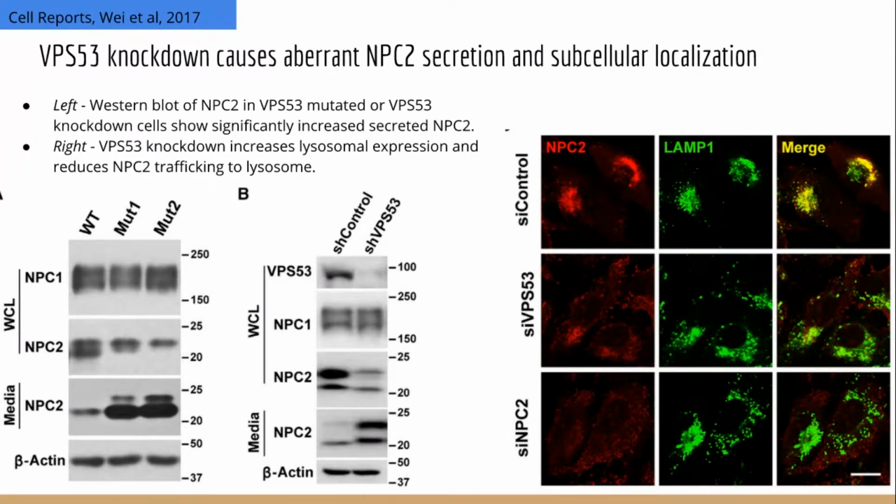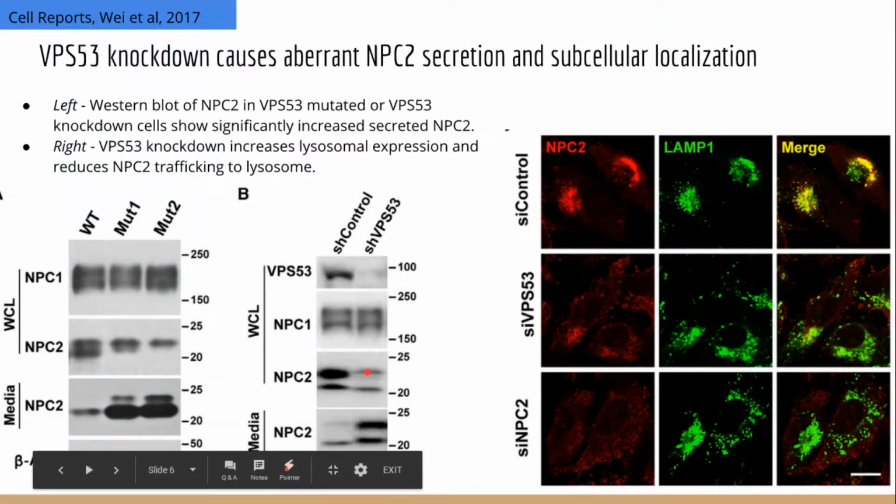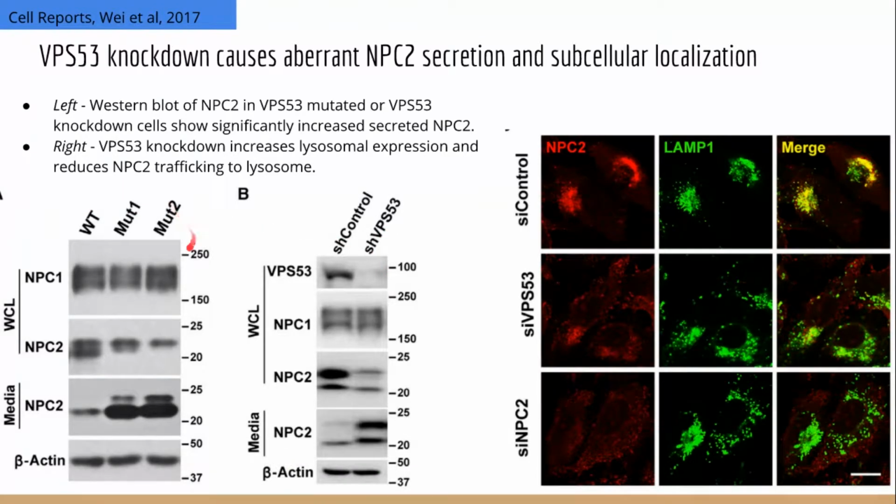And indeed, they found that when VPS53 was knocked down, NPC2 was being secreted instead of being localized to lysosomes and endosomes, indicating a severe missorting of NPC2. And in general, there's simply less NPC2 when VPS53 is knocked out. So in these Western blots, we have the two mutants.